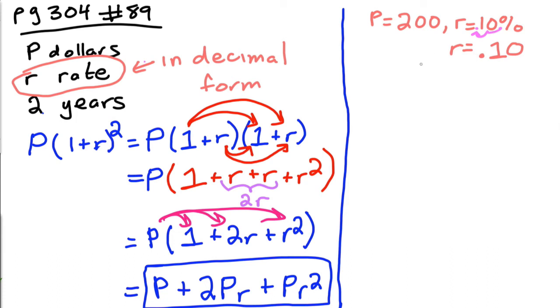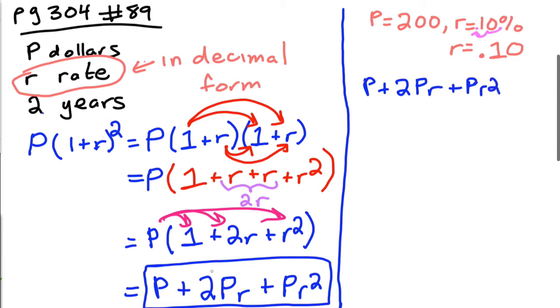Now, all we're going to do is plug those numbers into the formula. So why don't I rewrite the formula here, just so that we have it. The investment is equal to P plus 2PR plus PR squared.